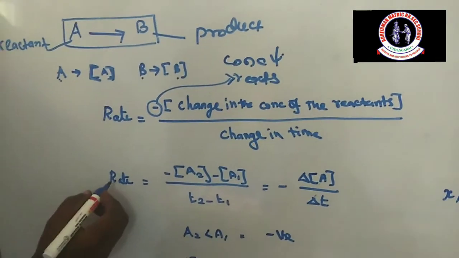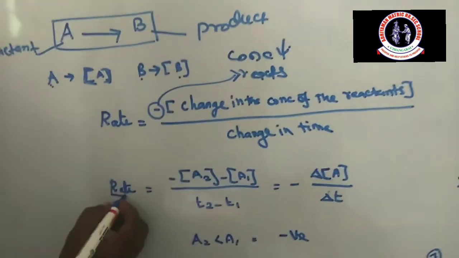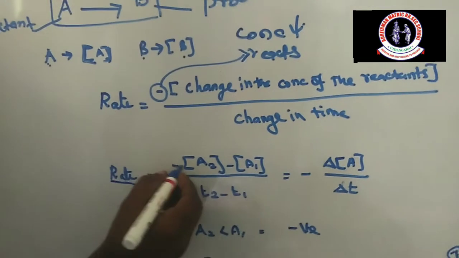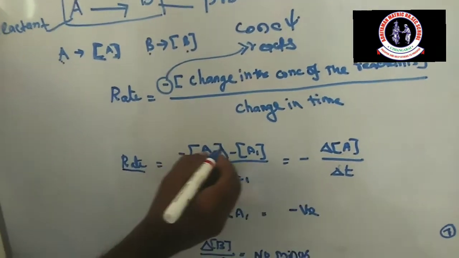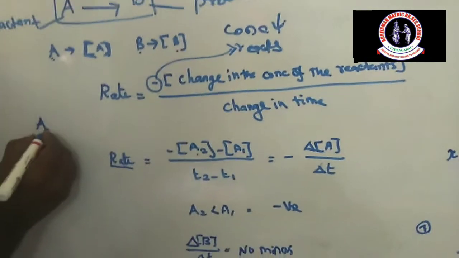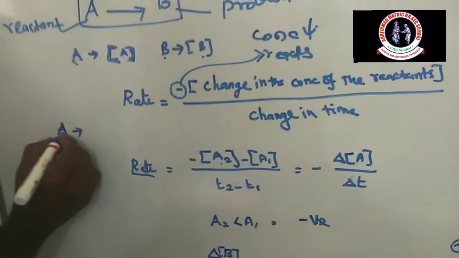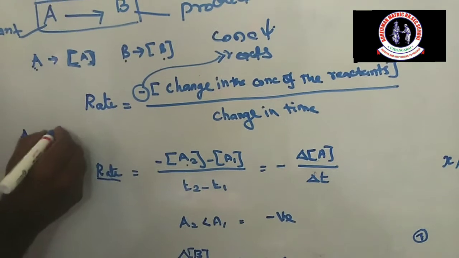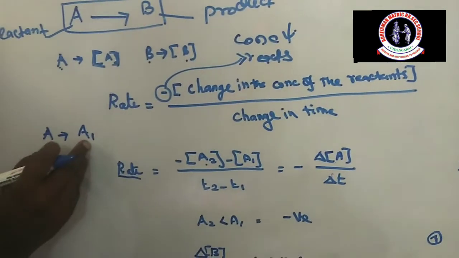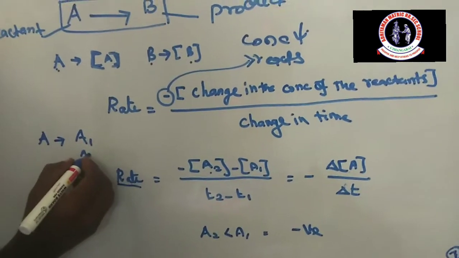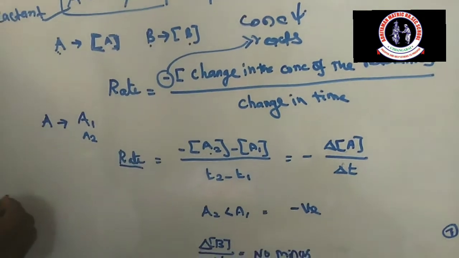Now rate is equal to A2 minus A1. How? For the general reactant A, the initial concentration is A1, and after some time it is A2.